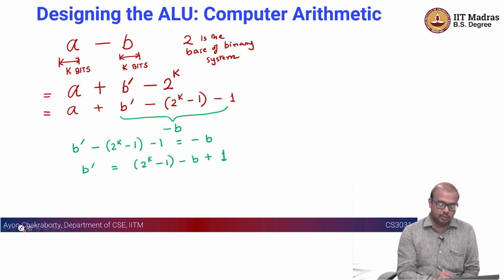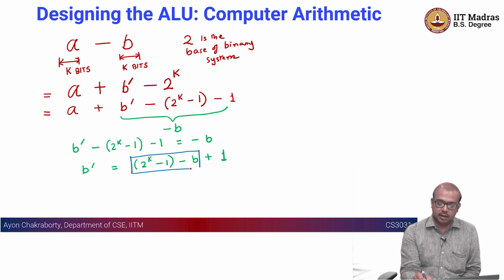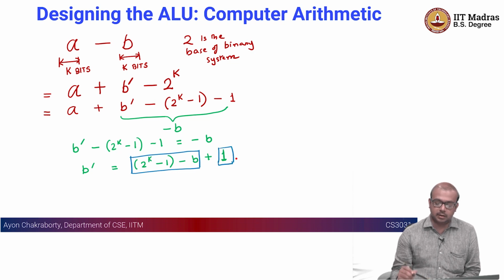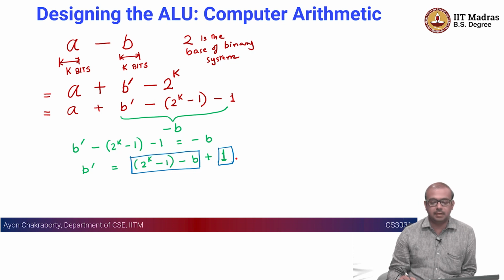So if you observe, I'm changing the color to stress these two things. There are two parts to it: there is this part and then there is this part. If you look at b prime and look at the first part of this expression on the RHS, 2 to the power k minus 1 minus B.